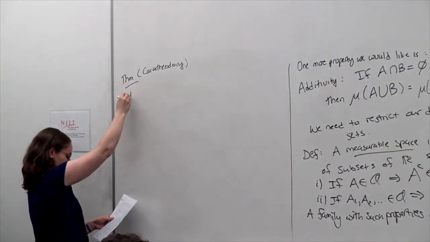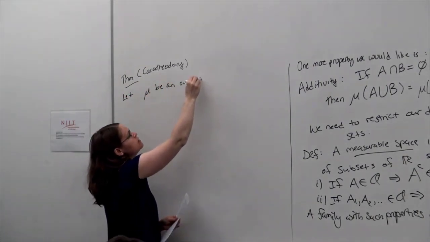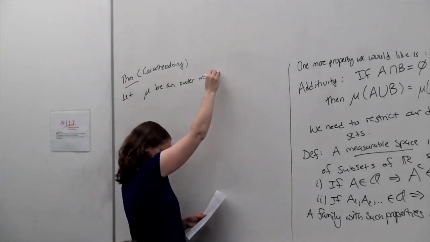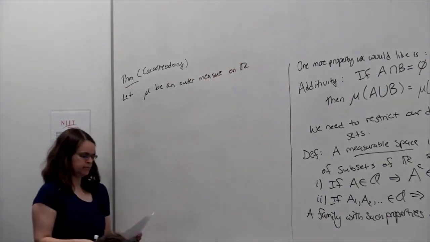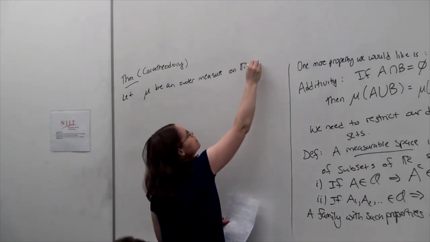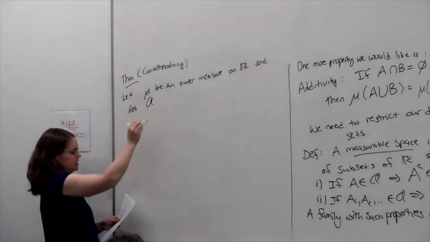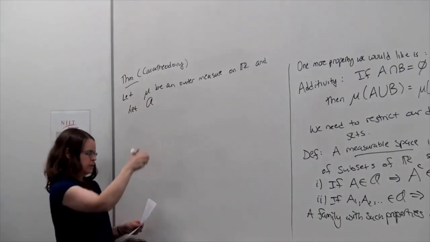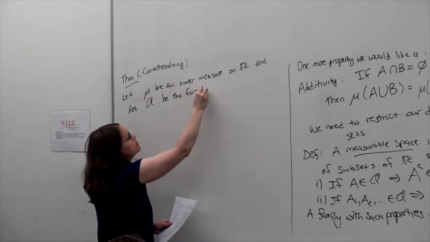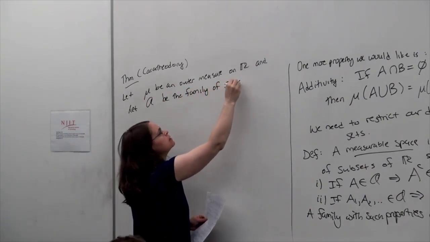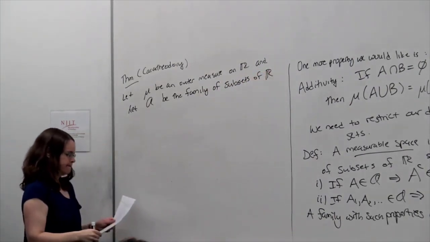So this is the statement. Let mu be an outer measure on the reals, and let script A be the family of subsets of R with this property.